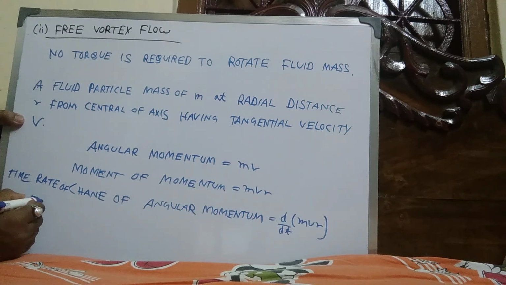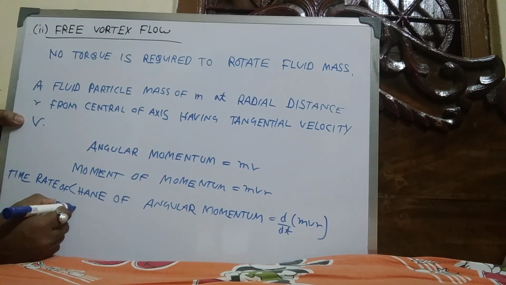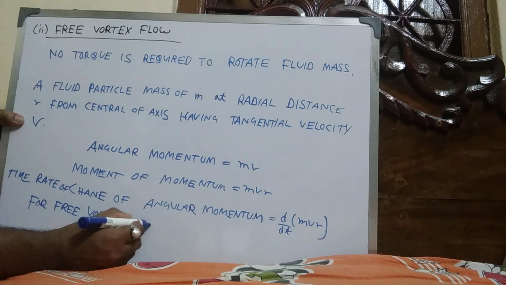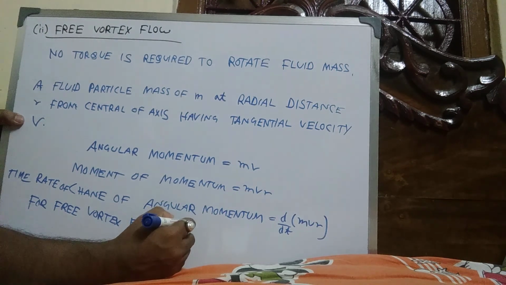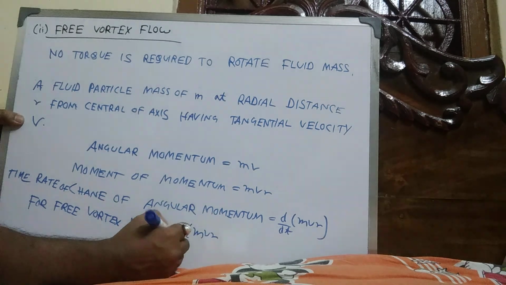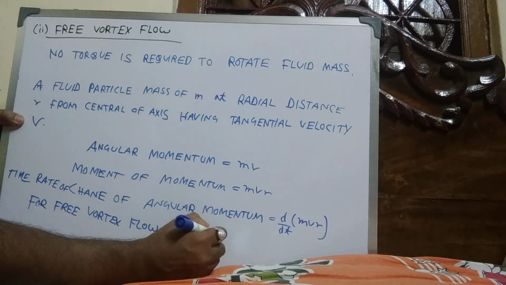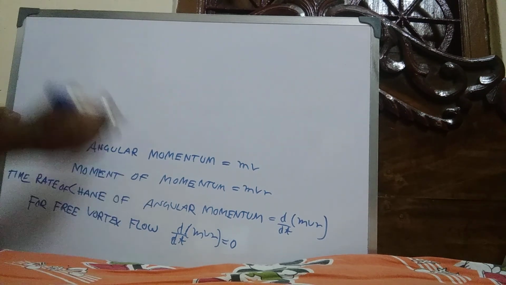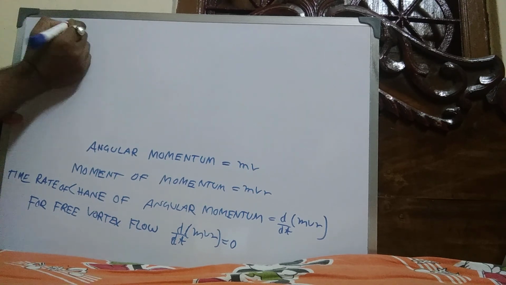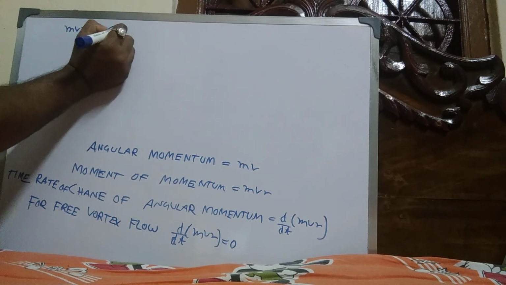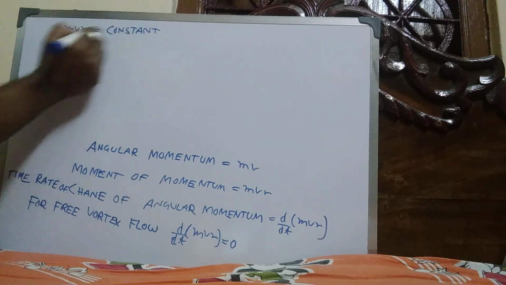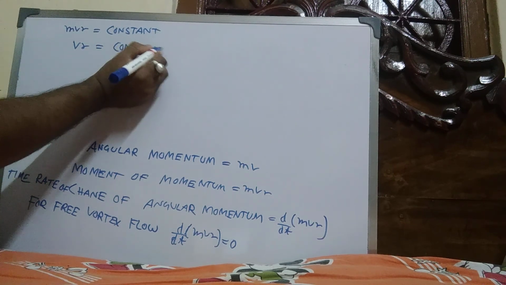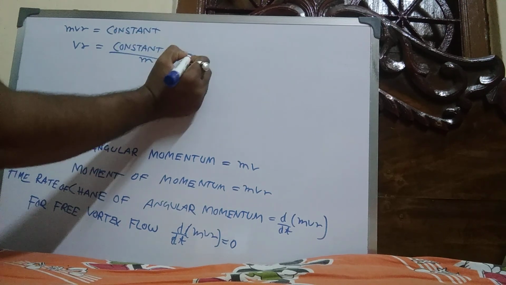For free vortex flow, d(mvr)/dt equals 0. Integrating both sides, mvr equals constant, so vr equals constant by m, so constant.